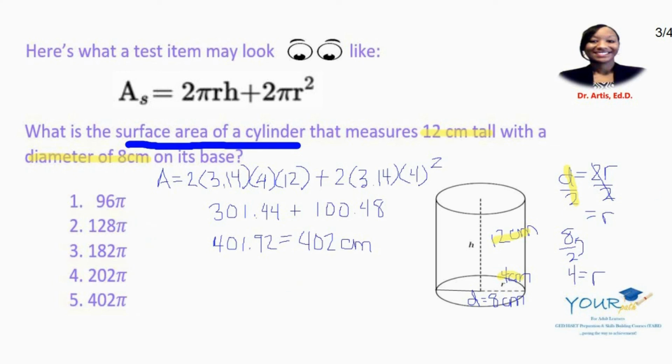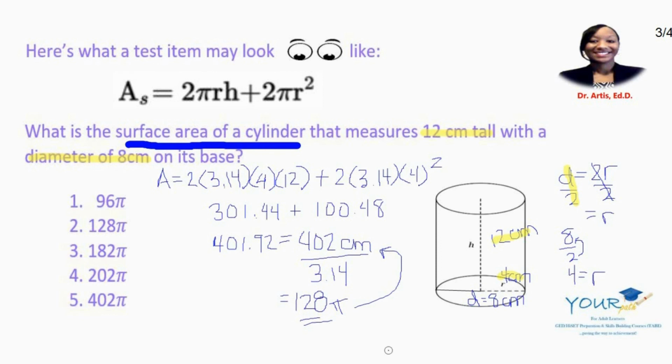If we take 402 and divide this value by the value of pi, which is 3.14, we get 128. And if we multiply this value times pi, which is 3.14, it will give us 402.